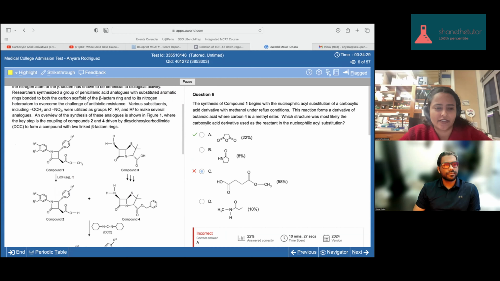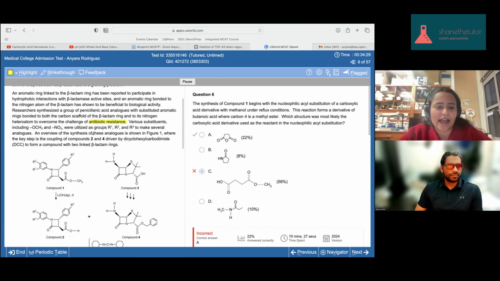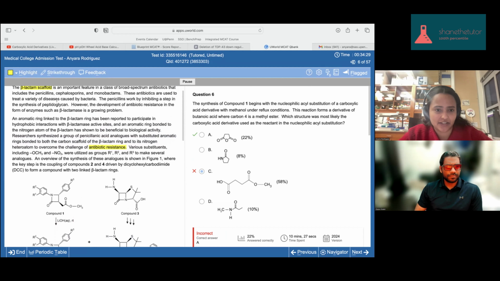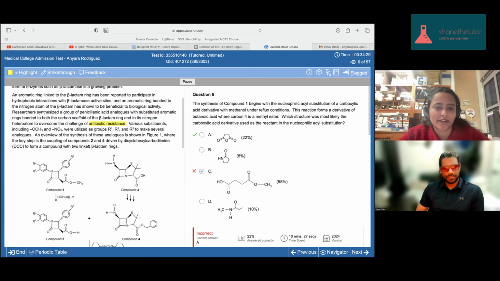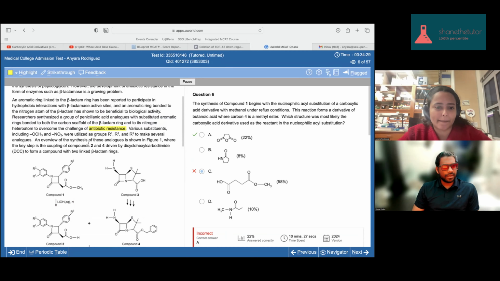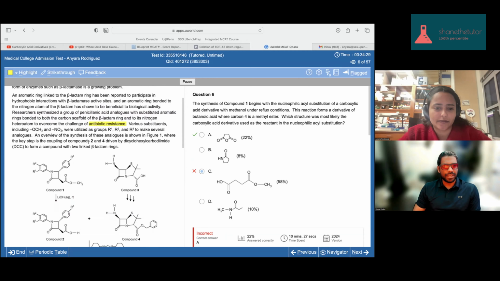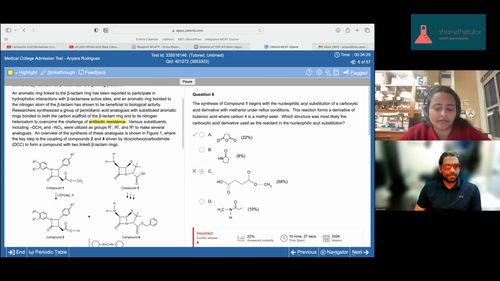To overcome the challenge of, okay, I see. So they're adding these groups so that it can't bind to the active site of beta lactamase, probably, preventing this. So they're challenging the hydrophobicity of it, is my interpretation, so that it doesn't bind to the active site. It might also just be too big.